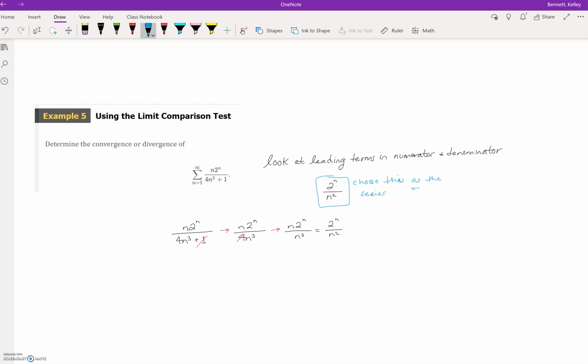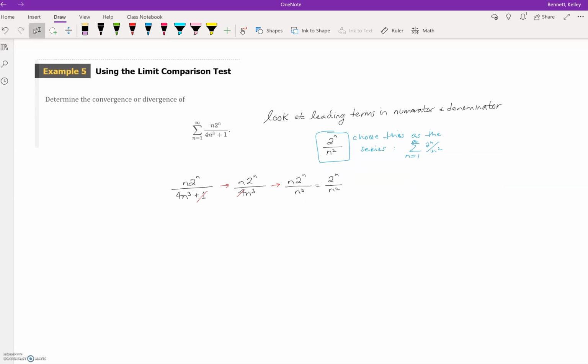So by that I mean we're going to say 2 to the n over n squared is the series that we're comparing to. So in order to use the limit comparison test, remember, we have to check all these boxes off. So first of all, let's just state what everything is.